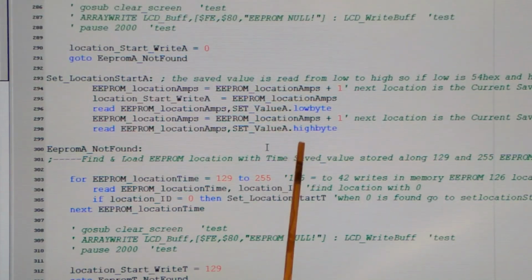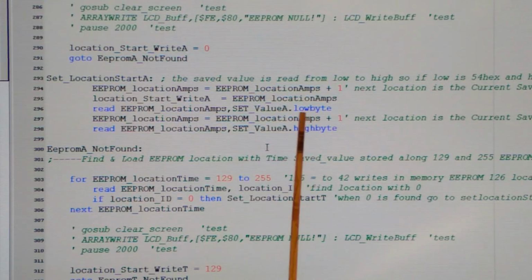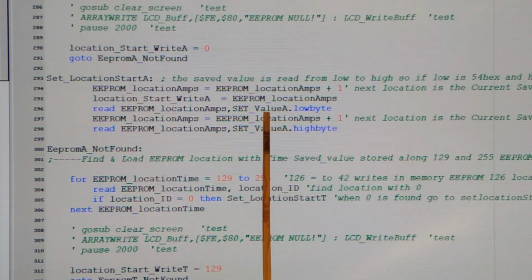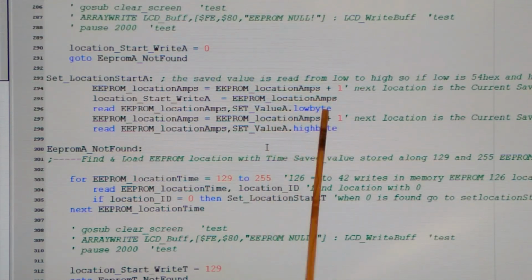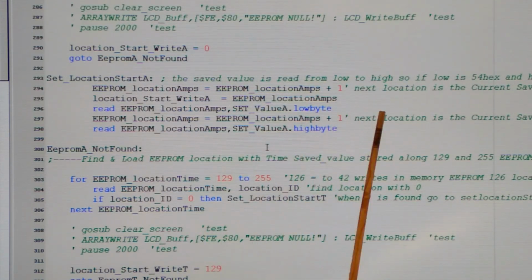But in PicBasic Pro, you don't have to do it in this way. You can use a different command after your variable, and it does it automatically. It will load up 2 bytes into a word variable for you by having a different command name, okay?